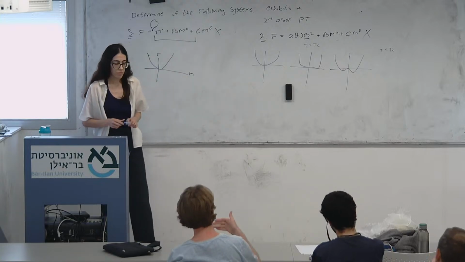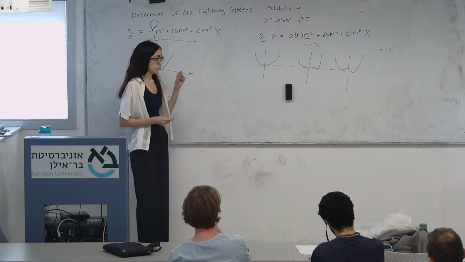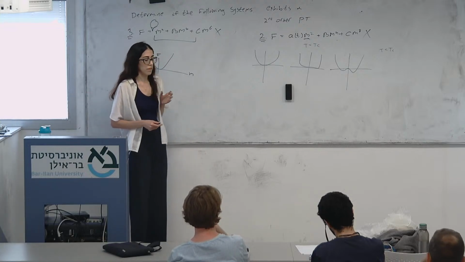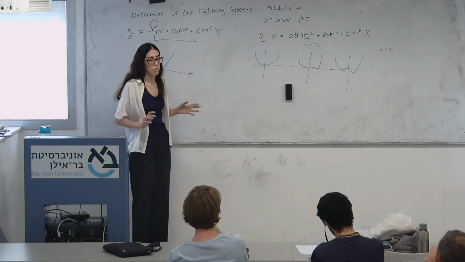On the exam, do we need to know the drawing, or is it enough to just say yes or no? I think you need to write something, but saying use Landau theory is a good enough argument.